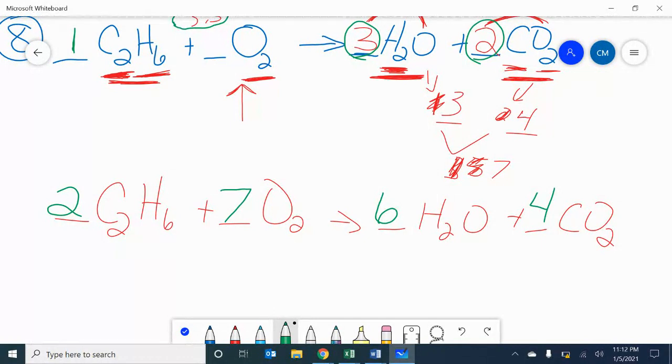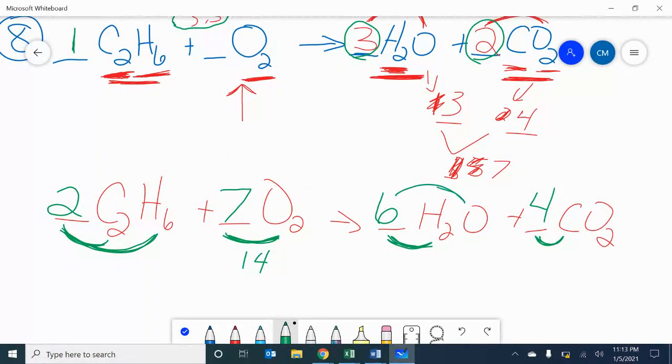So let's just see if we're balanced now. 2 times 2 is 4 carbons. And over here I have 4 carbons. 2 times 6 is 12 H's. And 6 times 2 is 12 H's. Good. Here, 7 times 2 is 14 oxygens. Over here, I've got 2 sets of oxygens.